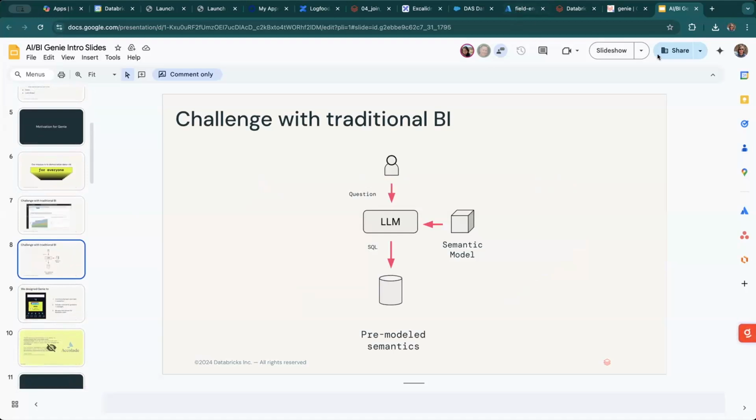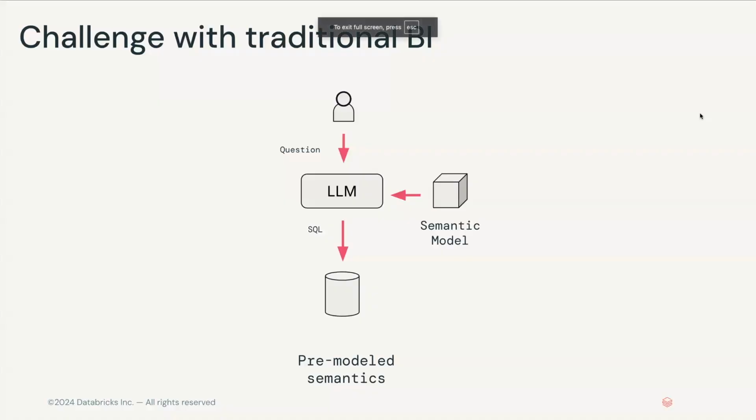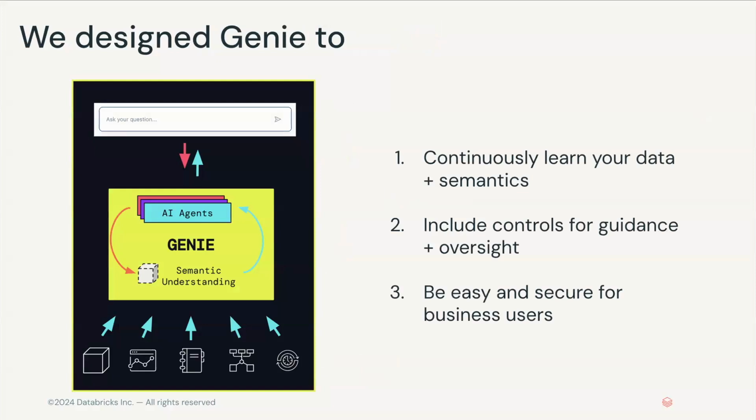We end up with a problem of scale and infrastructure, because there isn't necessarily all of the context about your SQL data that you might want to ask questions about to get really meaningful insights. So we designed Genie to always be learning from the data and how your teams are using it, have governance over that data, and be extremely secure for business users.